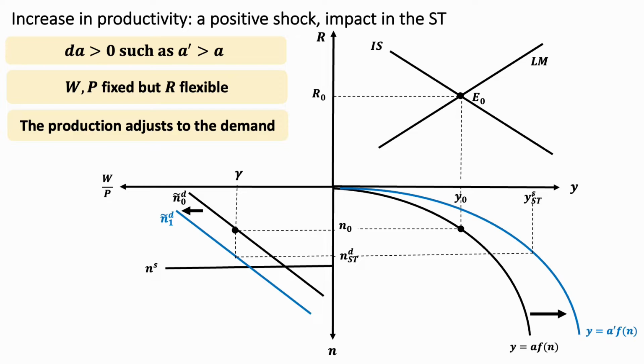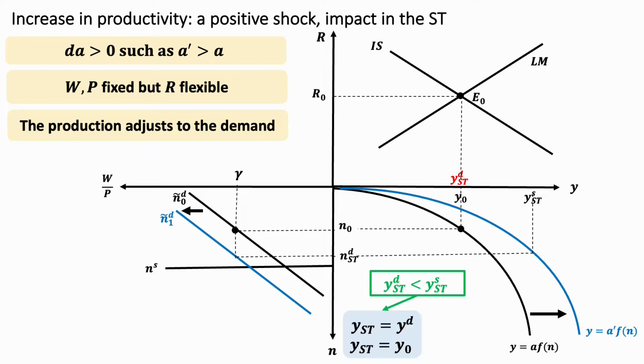The production has no effect on the demand of goods. So YD remains at the initial level of production Y0. We therefore have a disequilibrium on the goods market. The supply is higher than the demand. Firms, being constrained by the effective demand, must scale down their production plans.